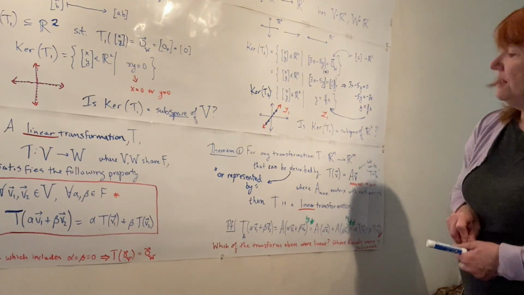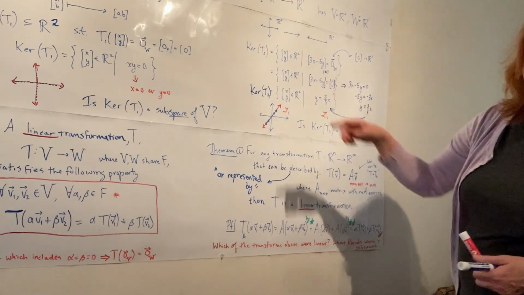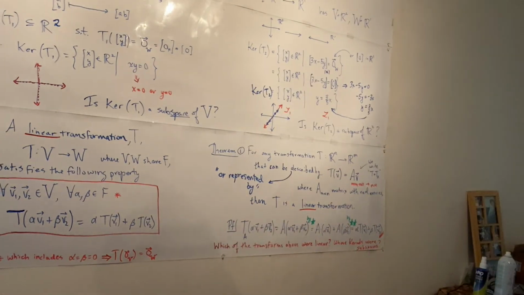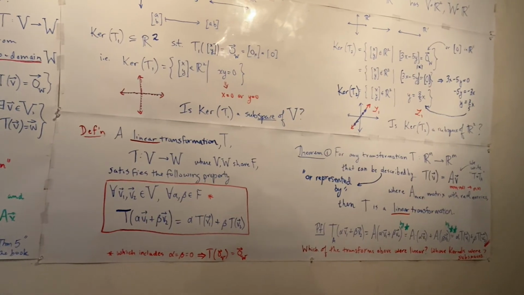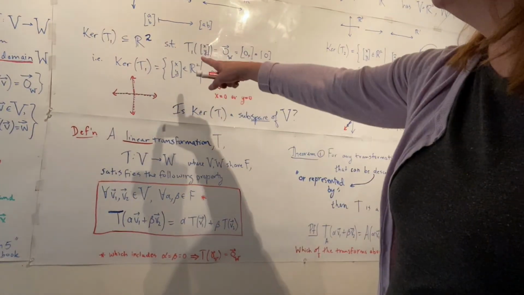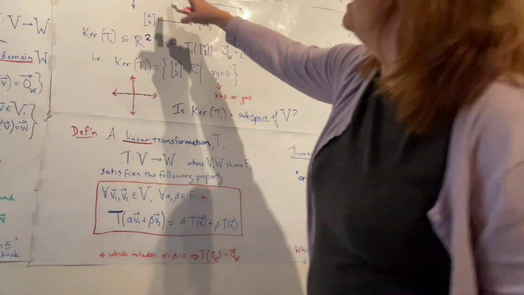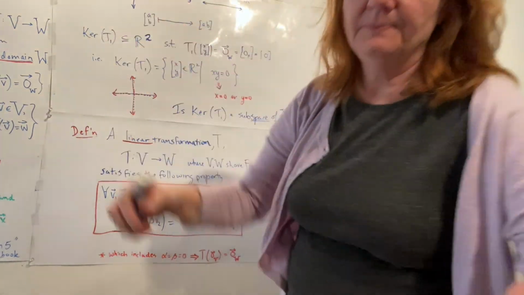Now, which of those transforms above were linear? T1, T2, which ones were linear? You should stop the video and work with T1. It looks like this.